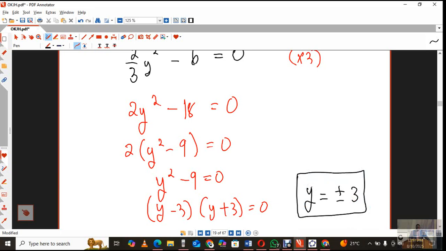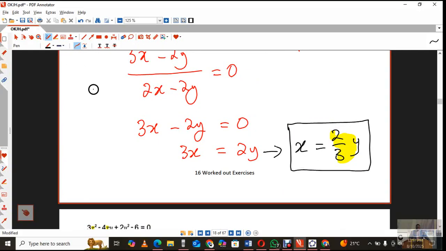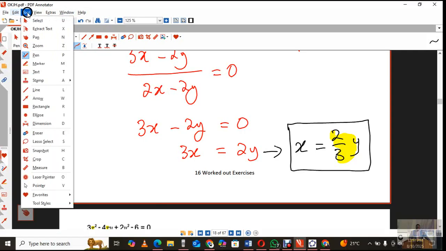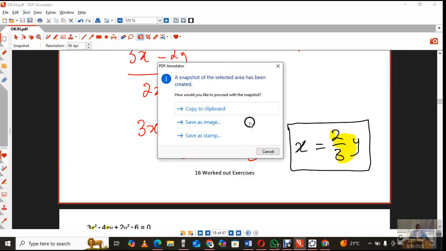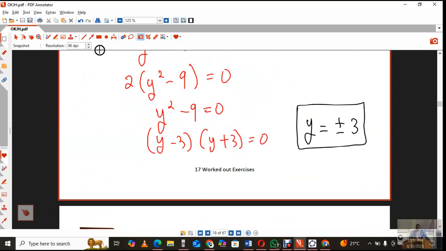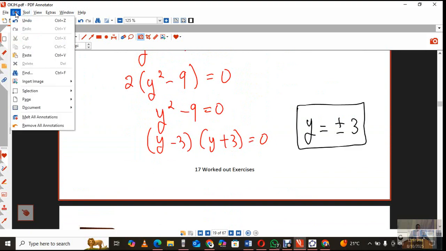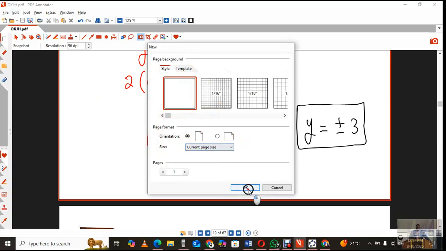Okay, so let's quickly go grab our x. I'm going to grab the x in order for us to find the corresponding x values. Just append the page.